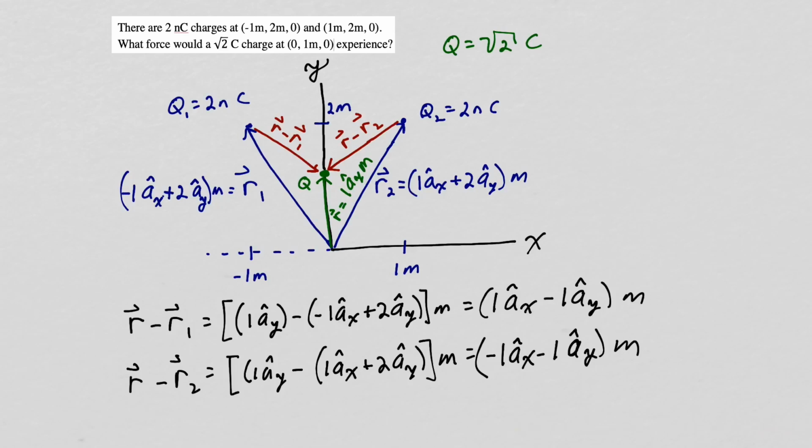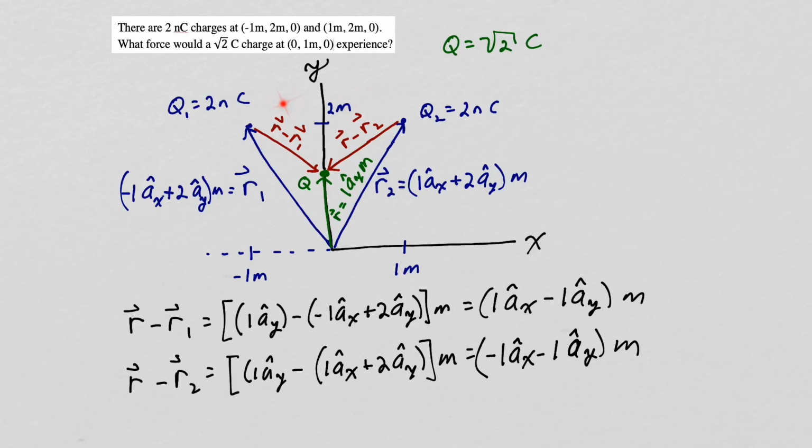From the drawing, you could have just written down these results. This vector pointing from Q1 to Q is minus 1 ay plus 1 ax, and this vector is minus 1 ay minus 1 ax.